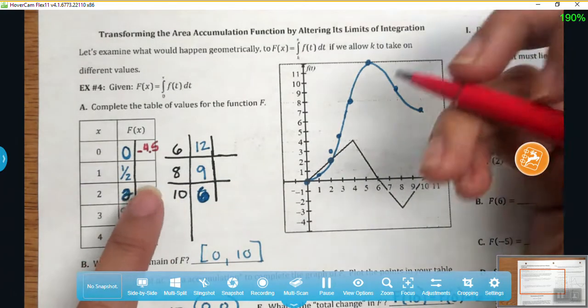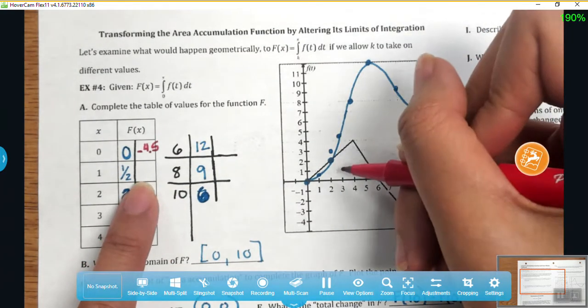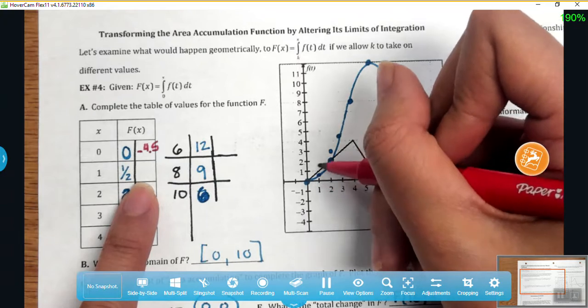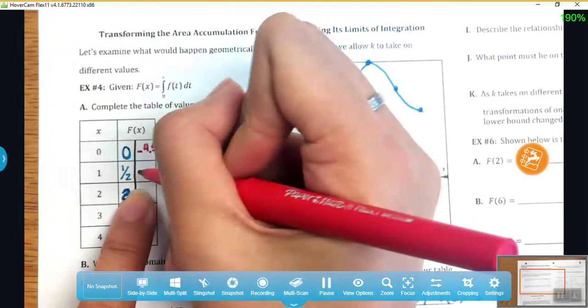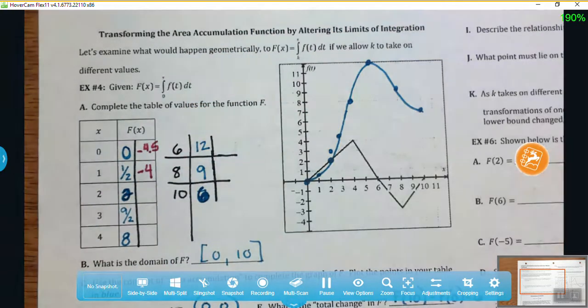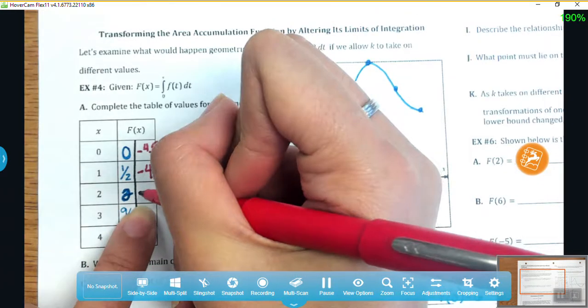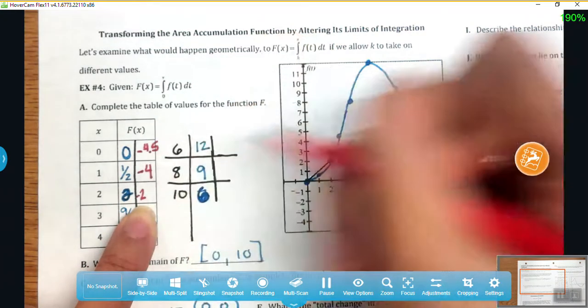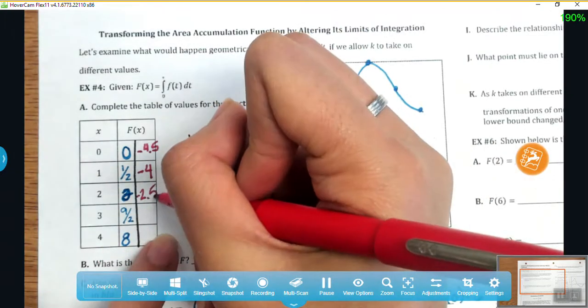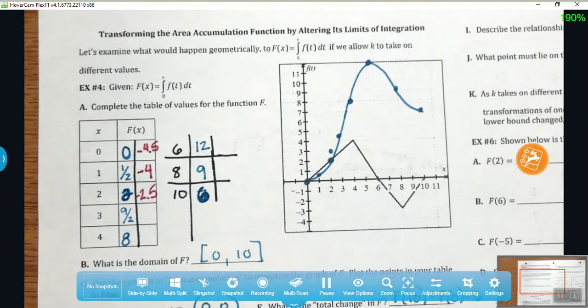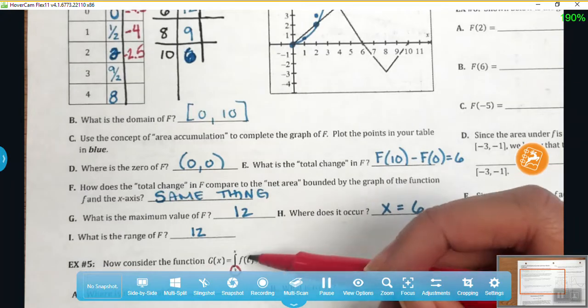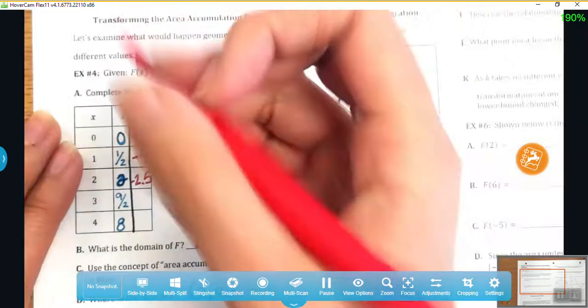Then if I calculate it at 1, it's just negative 4, right? And if I calculate it at 2, negative 2.5, right? And if I calculate at 3, what's the integral from 3 to 3? 0.